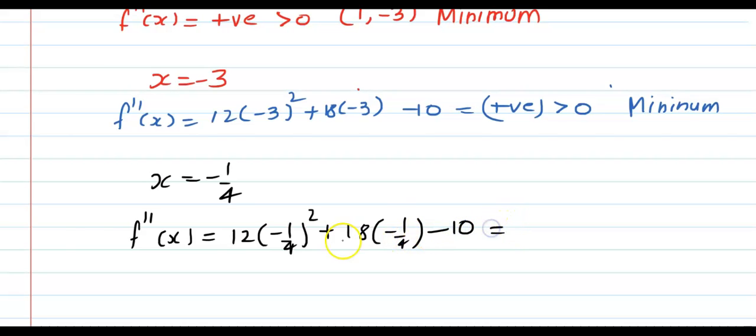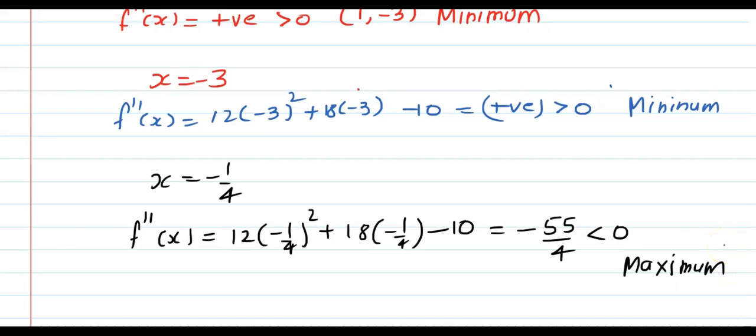Let me put this in a calculator. It is coming minus 55 over 4, which is less than 0. So here the point will be a maximum.